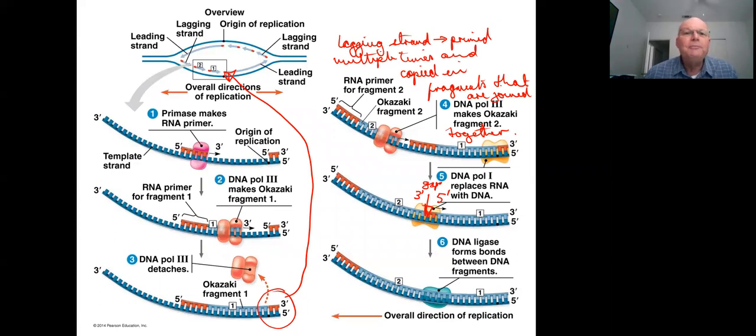So we have to remember that, yes, the anti-parallel nature is a necessity because of the cross-linking between the nitrogenous bases, but that anti-parallel nature of the two strands now imposes the necessity to copy the lagging strand in a different fashion to the leading strand, simply because the copying can only take place with the template being read 3' to 5' and the complementary strand being extended in the 5' to 3' direction.